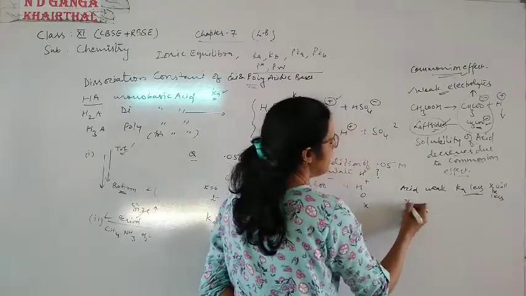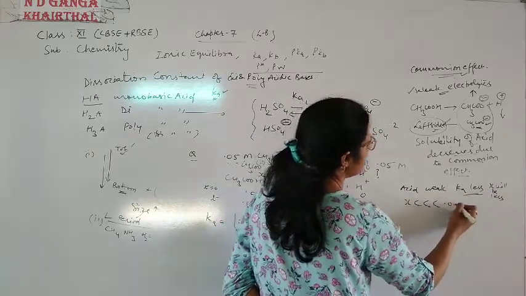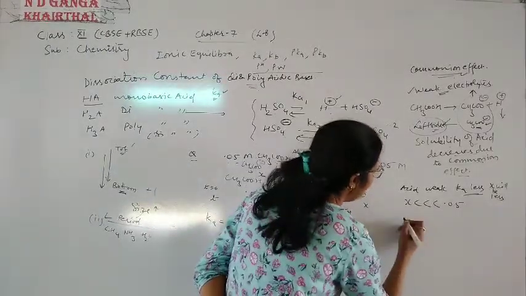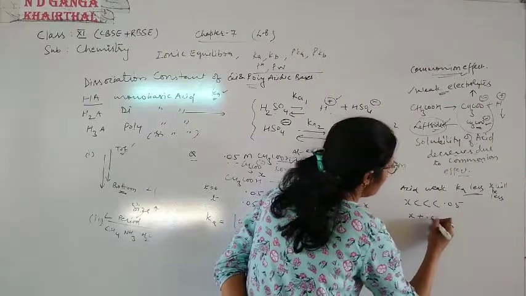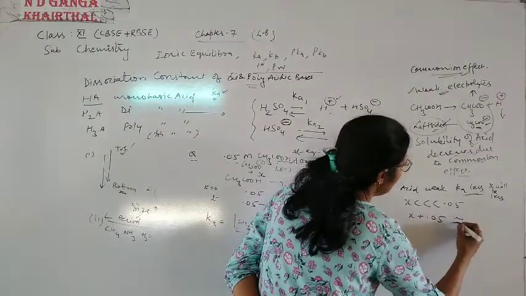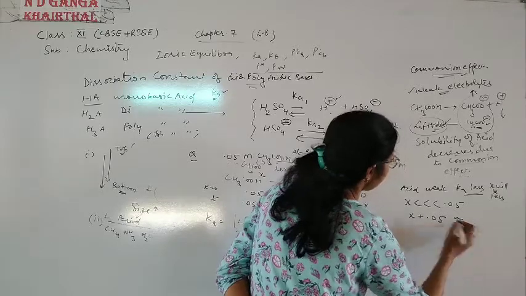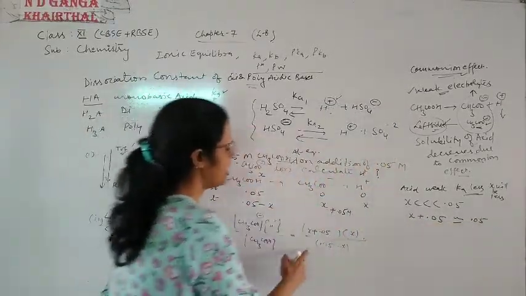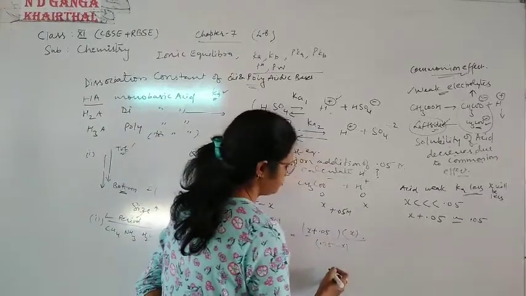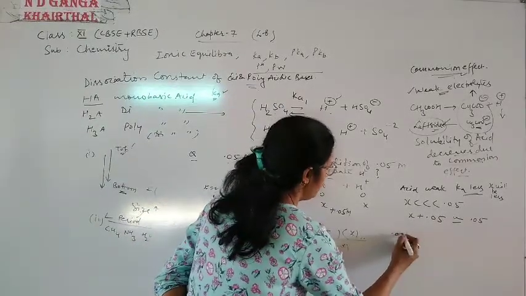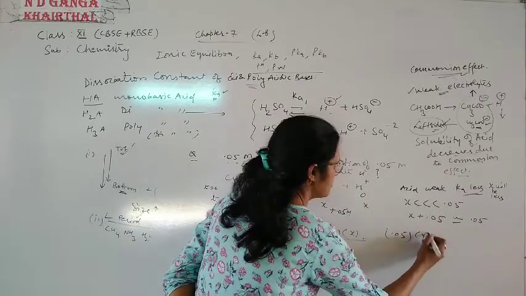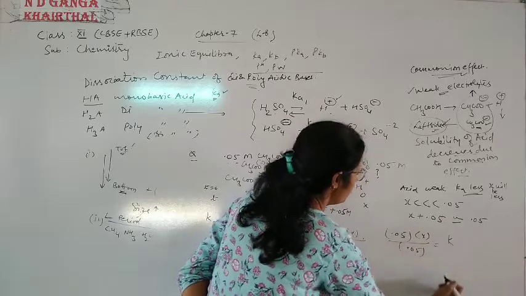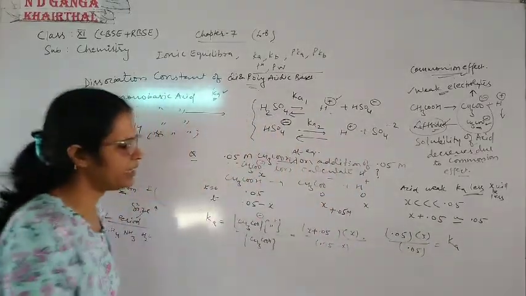So X is very much less than 0.05, so we can ignore X. In that case, X plus 0.05 is nearly equal to 0.05, okay? So we can write this in this manner, 0.05 times X upon 0.05 is equal to Ka, clear?